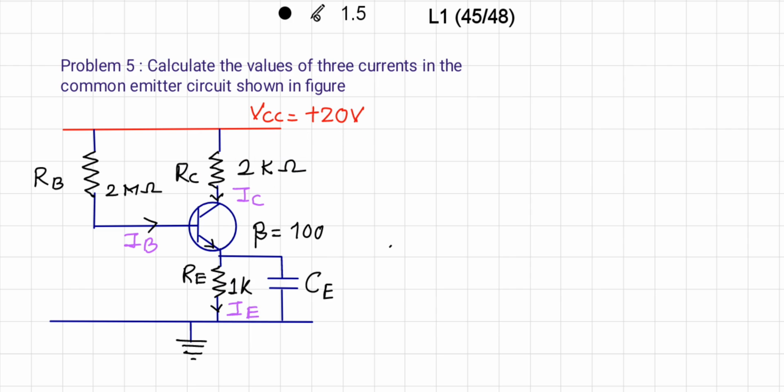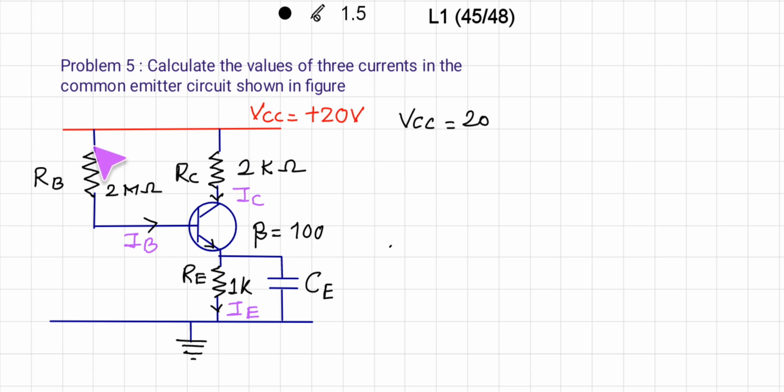Then RC is given 2 kilo ohm and we have to find out IC. So that is one important thing.